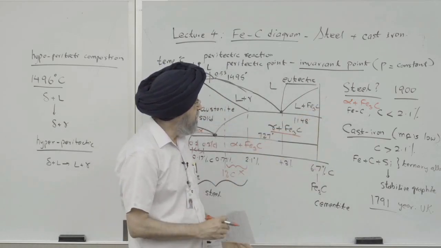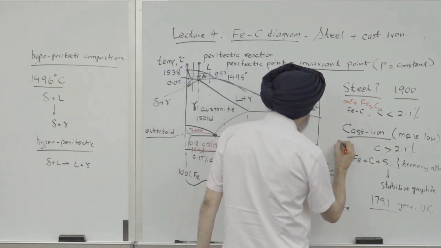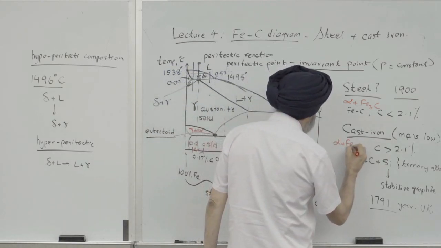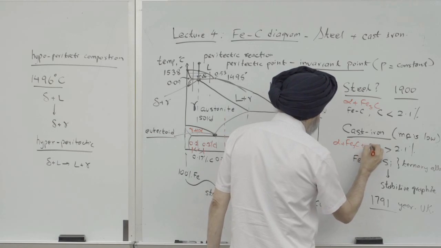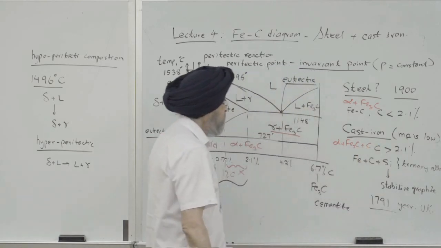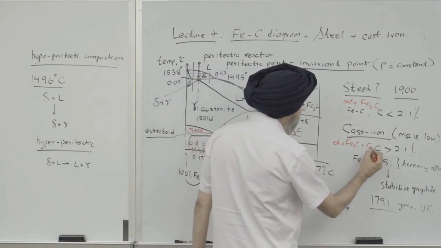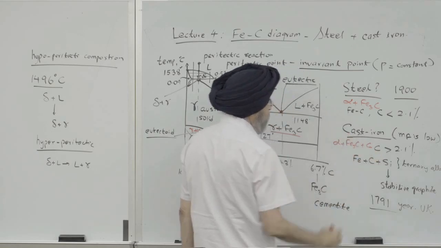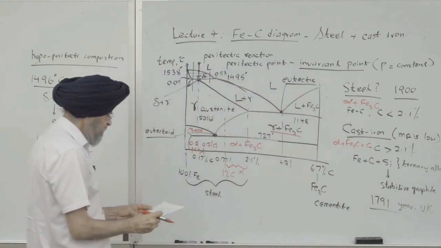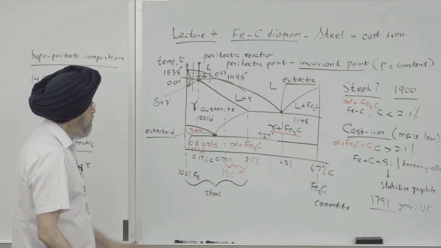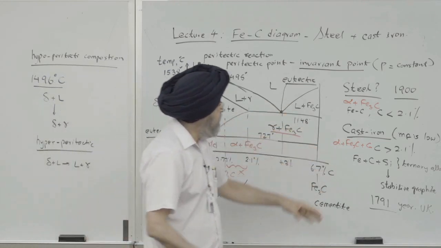In cast iron, you can have alpha plus cementite plus graphite. So you have an extra phase, which is graphite. So that's some of the differences between steel and cast iron.